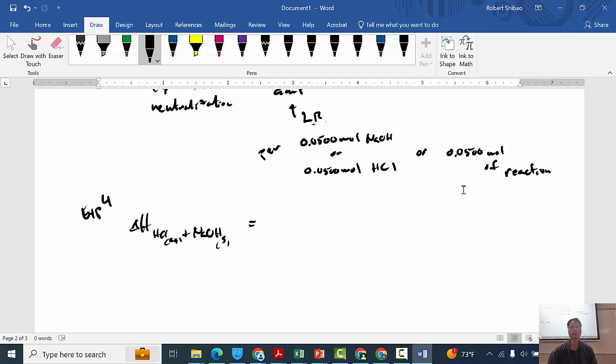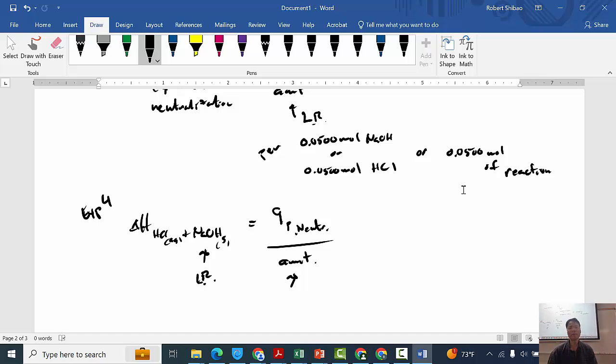And so this is going to be equal to what we call Q sub P of neutralization over the amount. So now what we have to do is, in this case, we could do it per gram. The limiting reagent here is going to be the sodium hydroxide. This would be the LR.